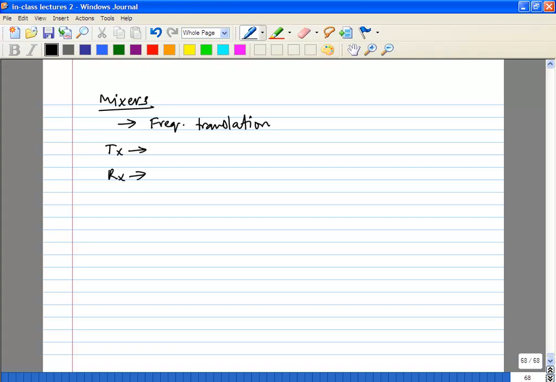In the transmitter, you're going to use it for what is called up conversion of the baseband signal to RF. In the receiver, you are going to use it for what is called down conversion of the RF signal to IF or to baseband. You can do both.